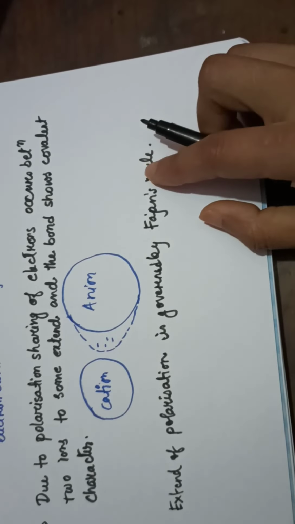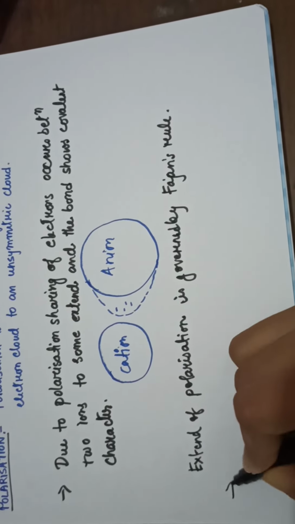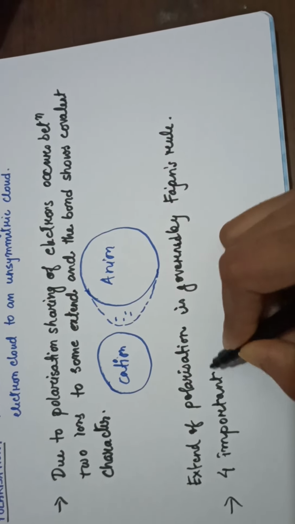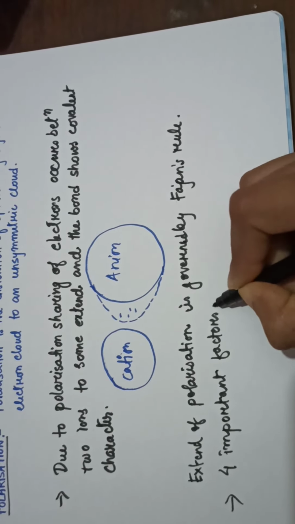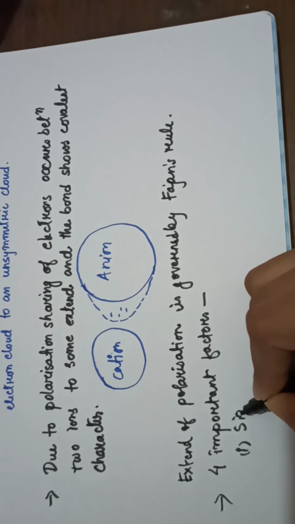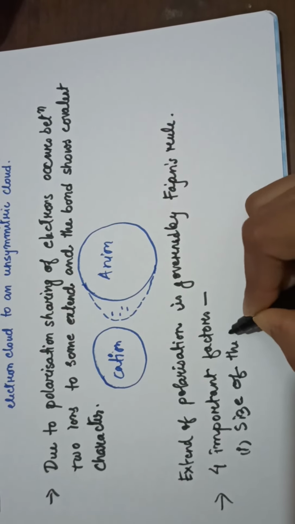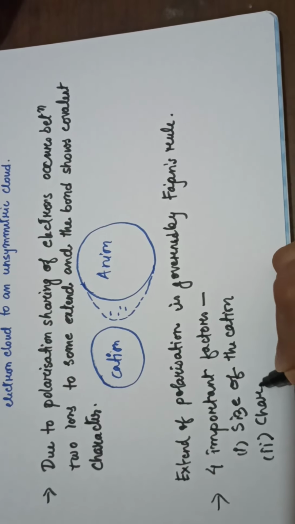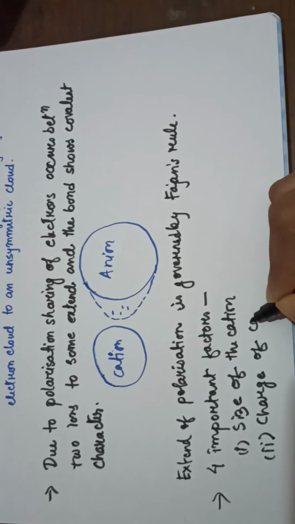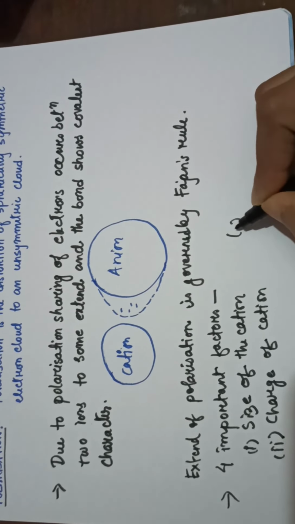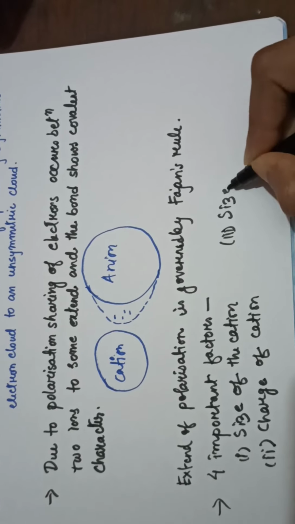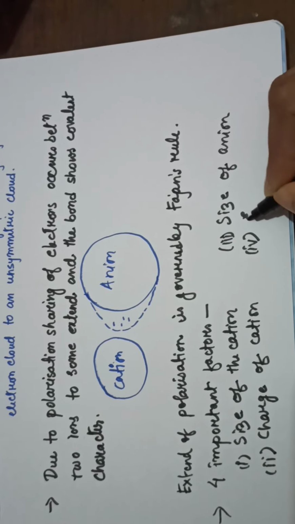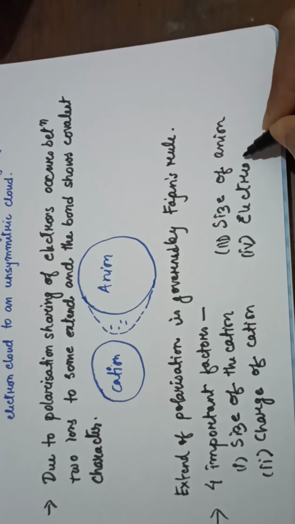Now this Fajan's rule depends upon four important factors. The four important factors are size of the cation, then charge on the cation, then the size of the anion, and the last one, which is very important, is the electronic configuration of the cation.